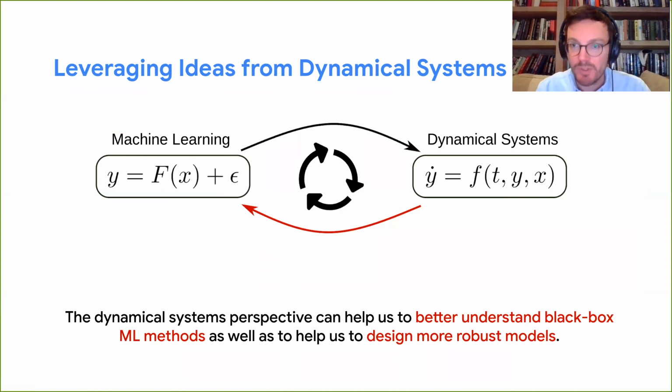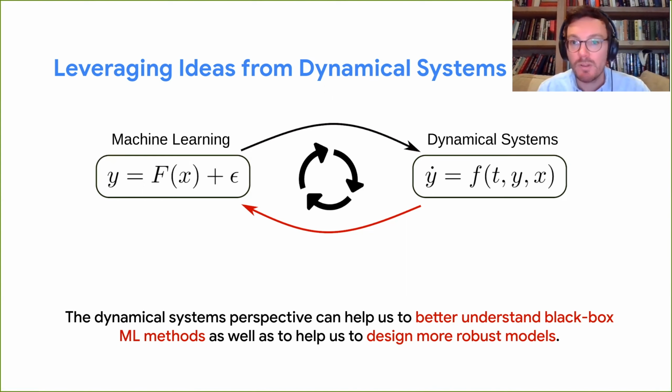To tackle some of these challenges, we try to leverage ideas from dynamical systems. To do so, we try to break apart a deep neural network into simpler building blocks that we can then study using tools from control theory and dynamical system theory.